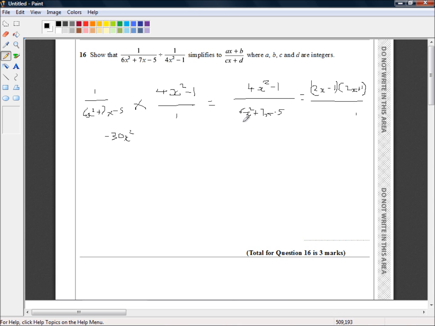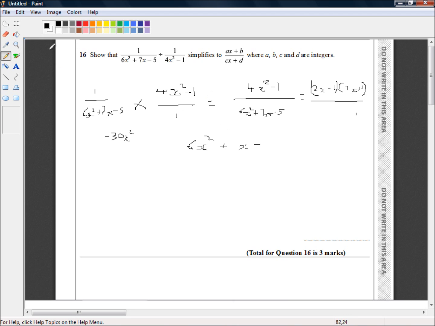So I'm going to rewrite this as 6x squared plus 10x, minus, sorry, I'm not going to do that. I'm going to do this the other way around. You can do it this way, but it's better to put the smaller number first.